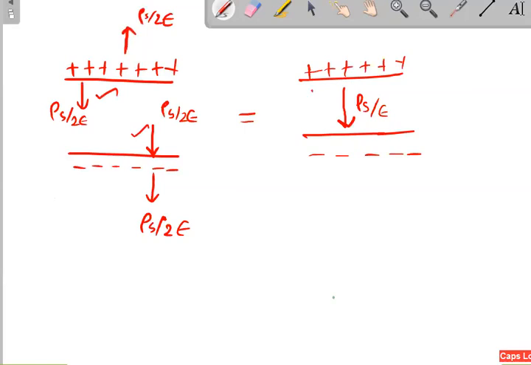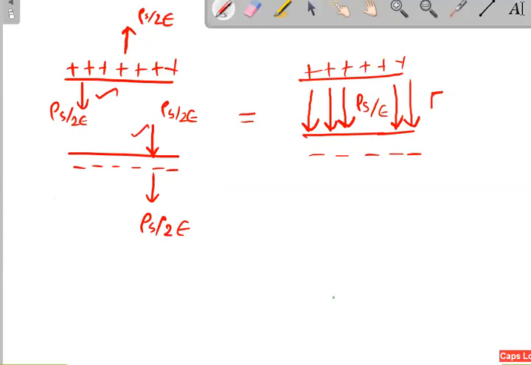The field goes from the positive plate to the negative plate. You take any capacitor, the field will always go from positive to negative. Whenever you have positive and negative charges, the field goes from positive charge to negative charge.